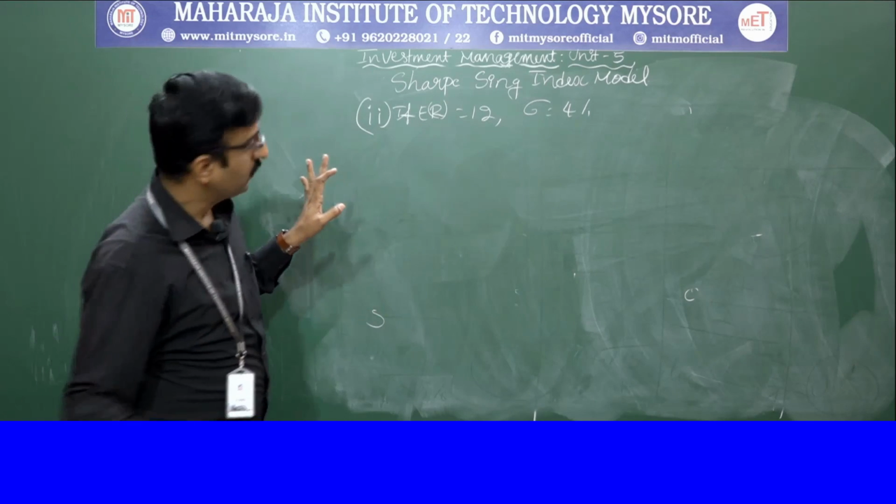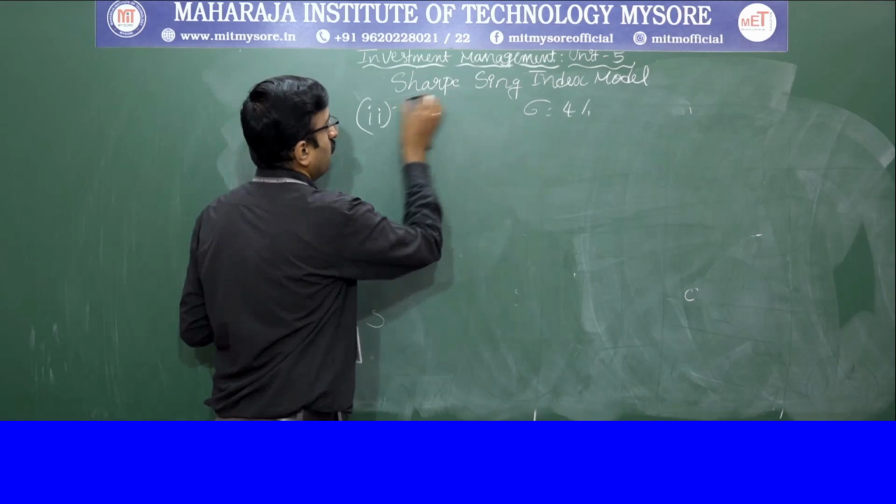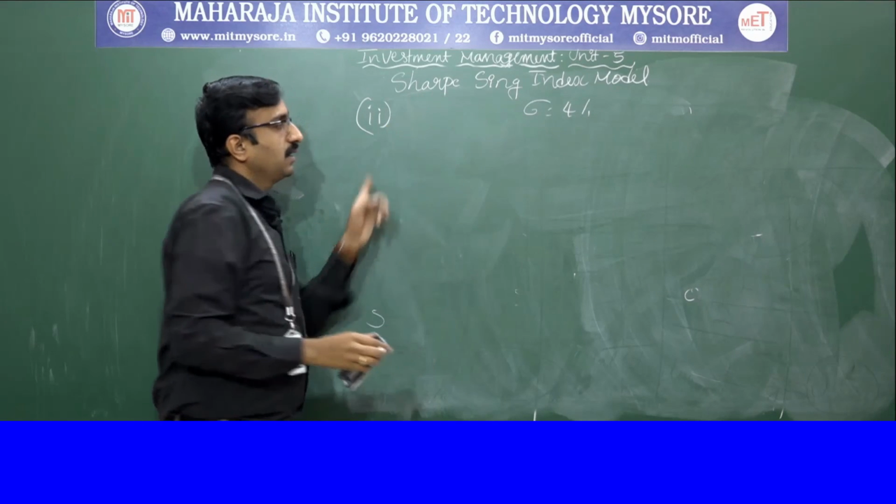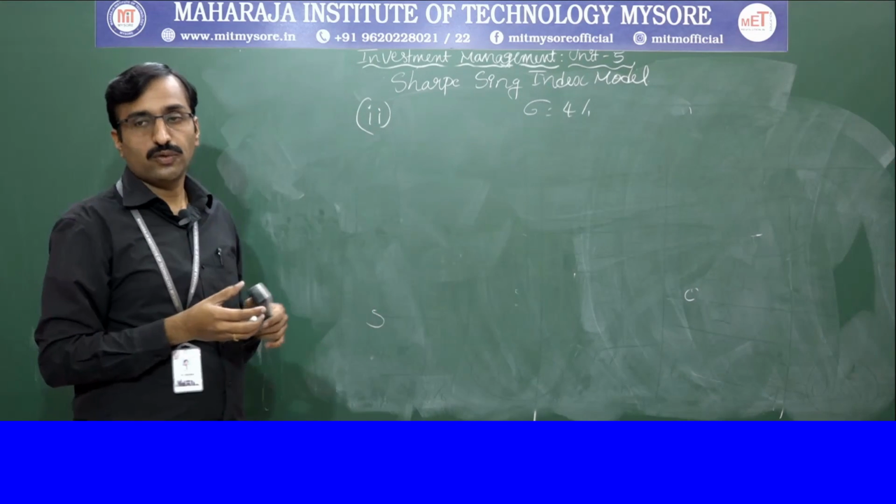What would be possible to earn a 12% return if the standard deviation is 4%?